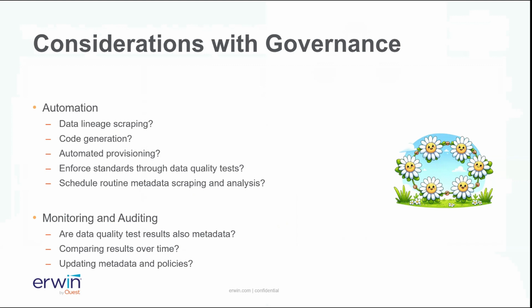And we're getting into the data quality tests. So being able to run repeated tests and monitor the changes over time, schedule metadata scraping and analysis on a schedule, because as you know, source systems do change their schemas very often, and it'd be nice to know if they've done that and if they're breaching any data contracts that you've got in place.